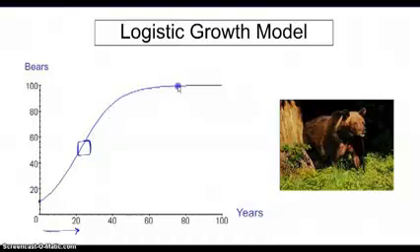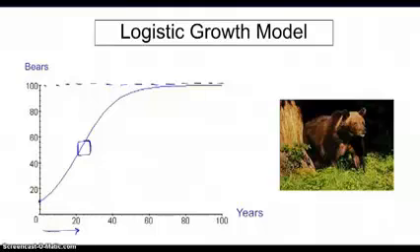And then around 100 bears, it looked like it stopped growing altogether. Probably what happened is that there was only enough space or only enough food resources for 100 bears. So that's the logistic growth model.